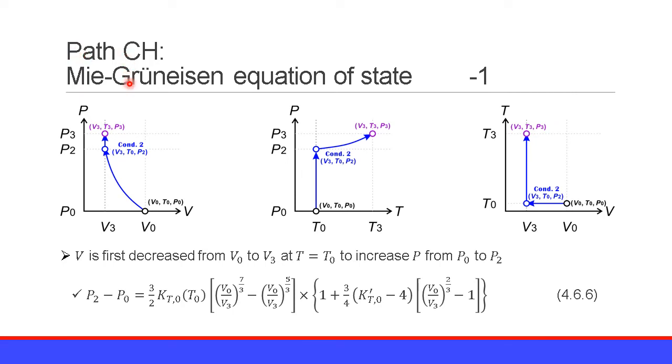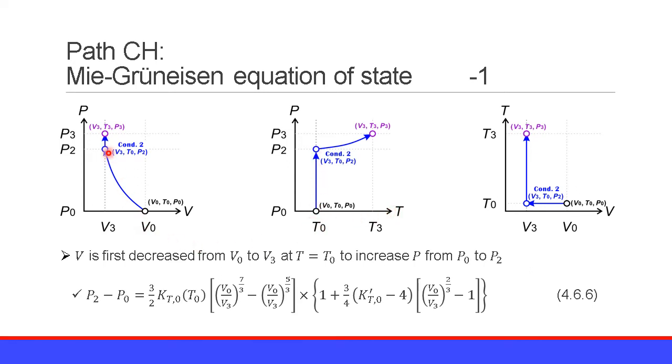The typical, representative thermal equation of state following path CH is the Mie-Gruneisen equation of state. As I have already explained, in this path we first compress the body from V0 to V3 at constant temperature T0.